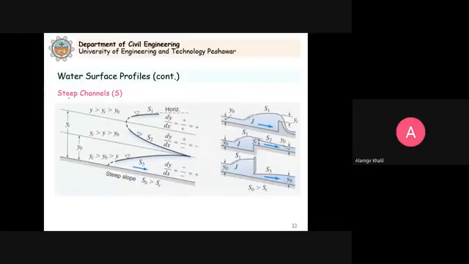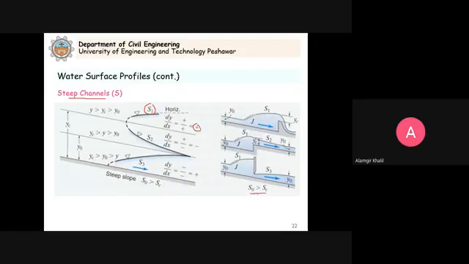When we have the steep channels, then this is the situation. For S1, meaning steep channel type 1, you get plus. It means that the channel water surface is increasing along the direction of the channel. See here S1.